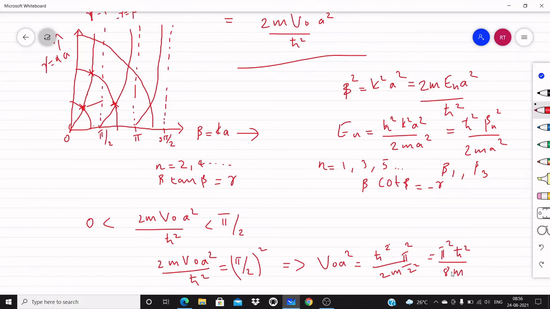And for two intersections, for the second case, it should be pi square instead of pi. So this analysis indicates that what we have obtained is the possible energy values.